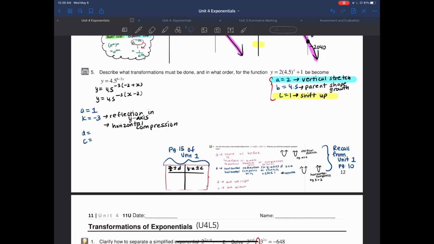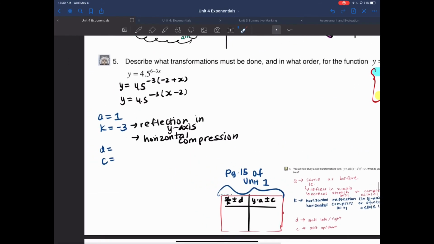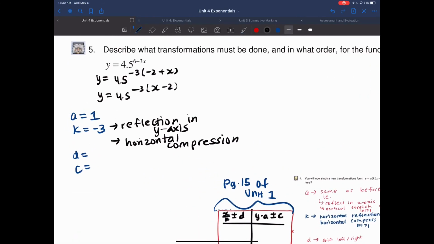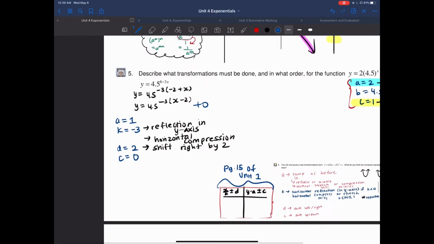And that's why I put this on this side so you can go back to it. And meanwhile, for the d value, I have a shift right by 2. There's nothing added to it, so I have a 0 for c, so there's no shift up or down.